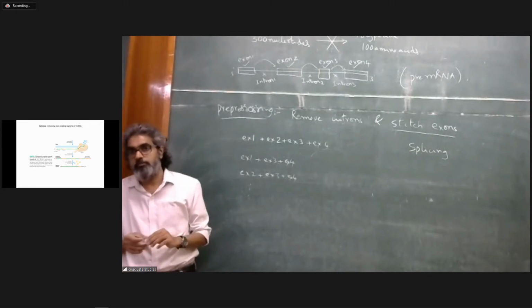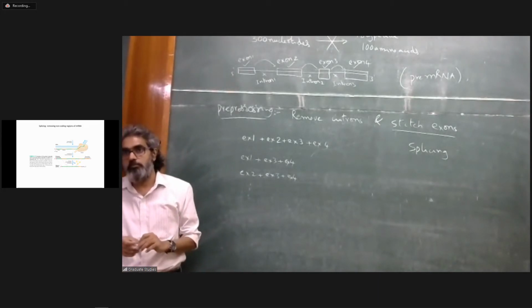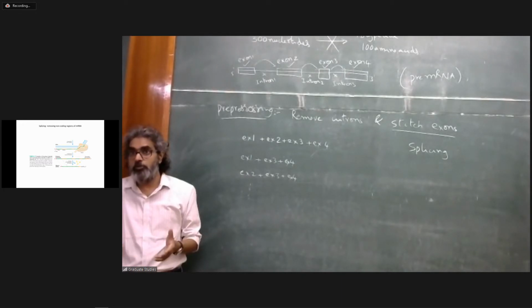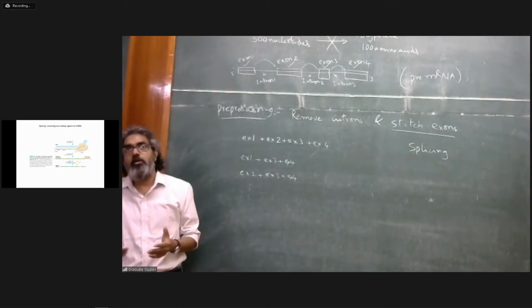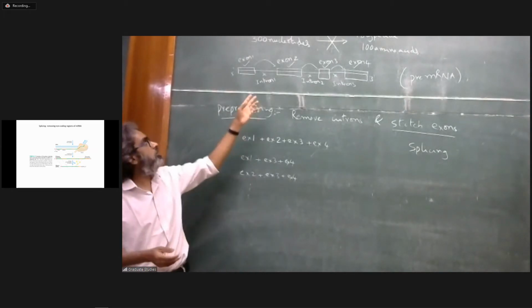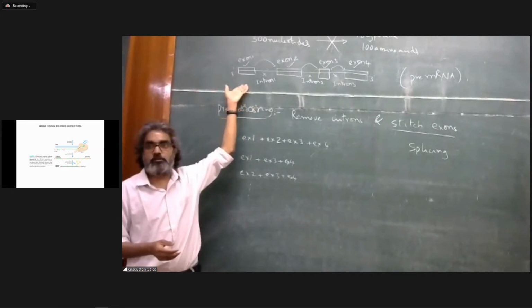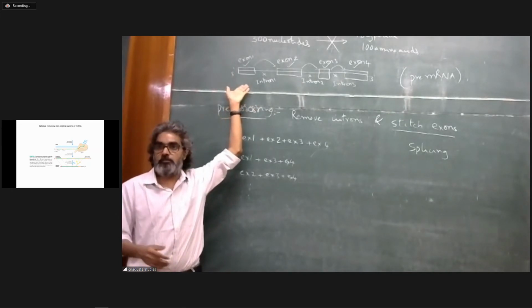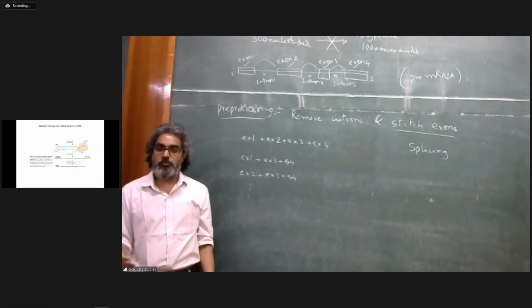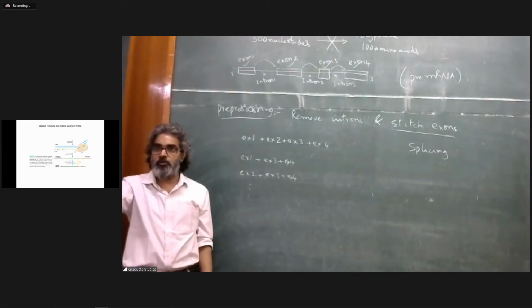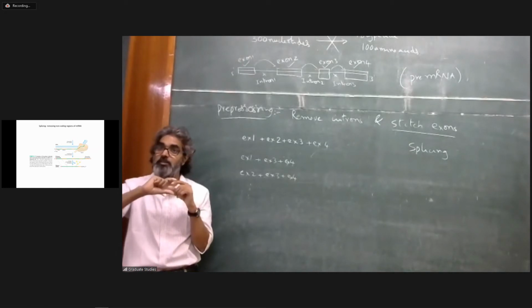My point was that from DNA, only exon 1 plus exon 2 plus exon 3 plus exon 4 is synthesized, from DNA to mRNA. Which enzyme does this? DNA-dependent RNA polymerase. So you're telling RNA polymerase, don't synthesize this, jump onto exon 2. But that's not how it happens.